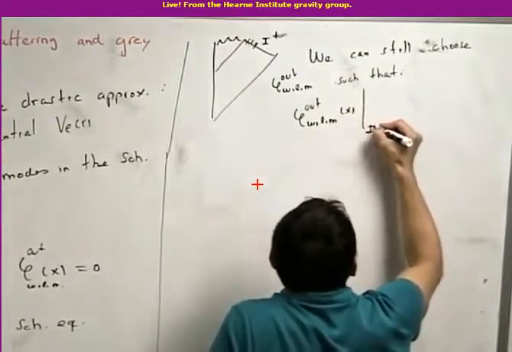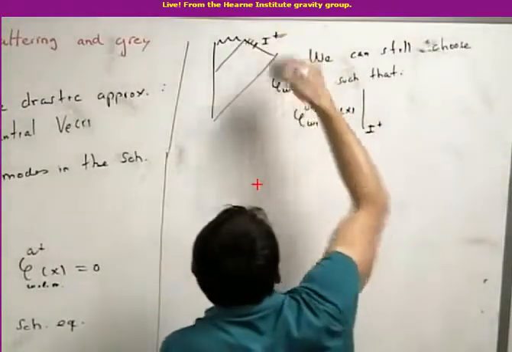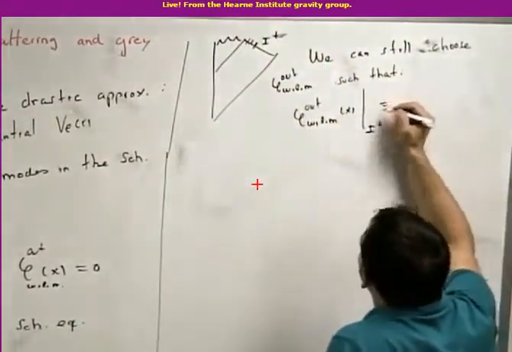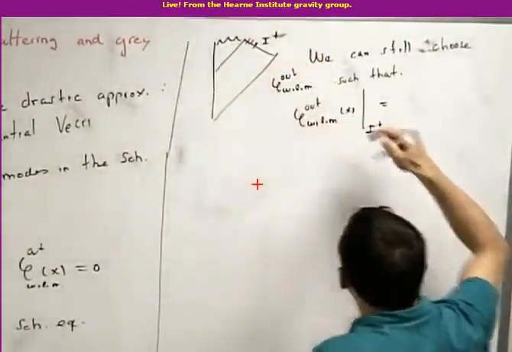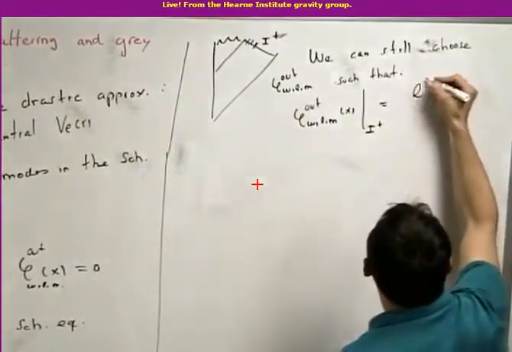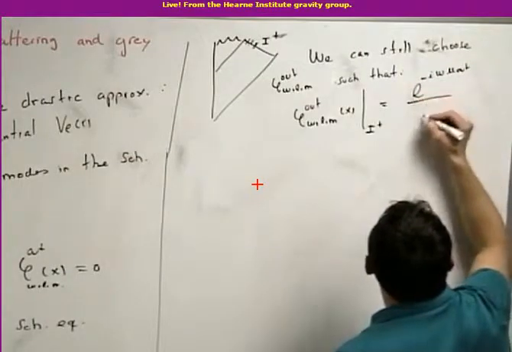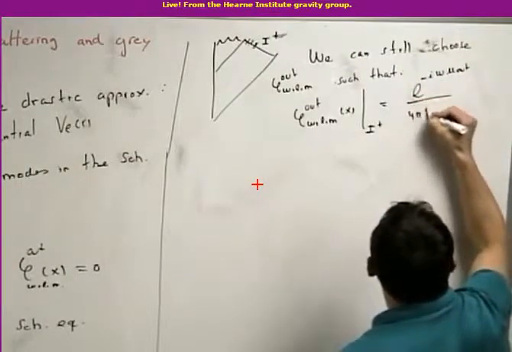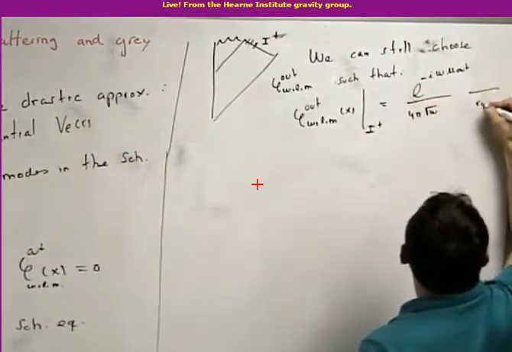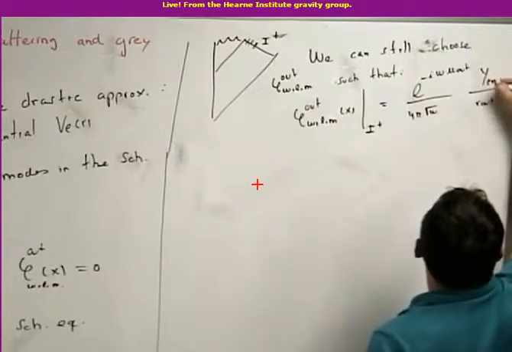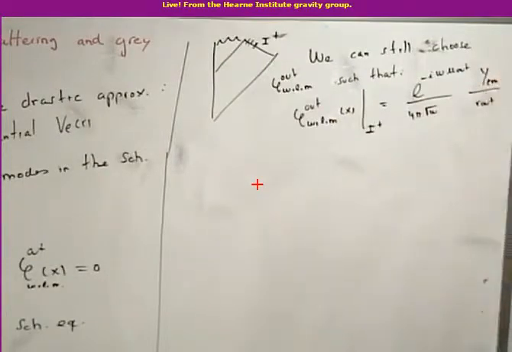We only need a basis of positive frequency modes there, and there are many. So even if the potential is non-zero, we can still choose modes such that in scri plus they behave like this. We can still do that.